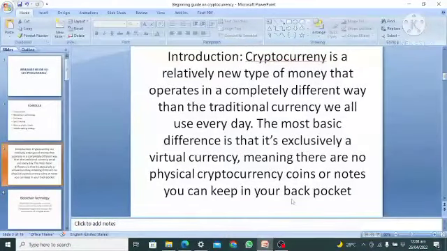They are online; they are transacted online, not physically exchanged between you and the next person, or between the buyer and the seller. They are transacted online. That is why we say they are virtual currencies.